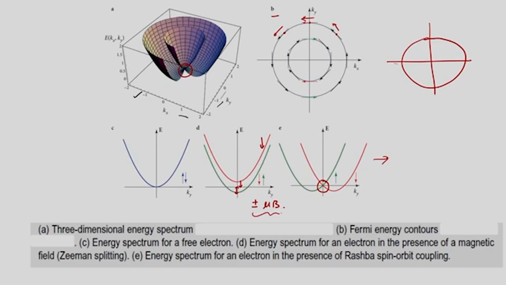So this is the property of the spin orbit coupling. You see in point A also, they intersect at k equal to 0.